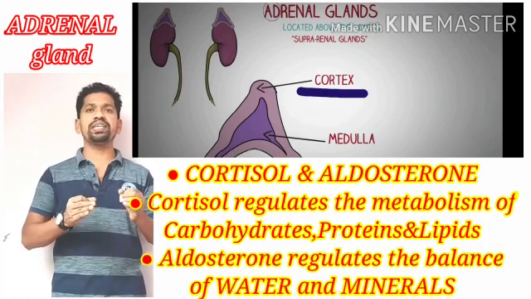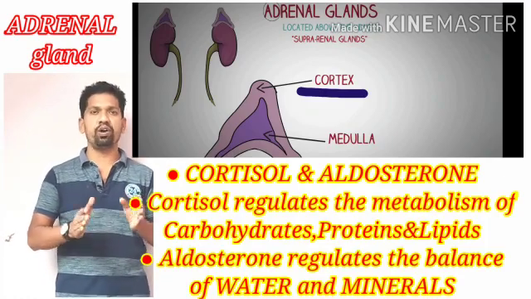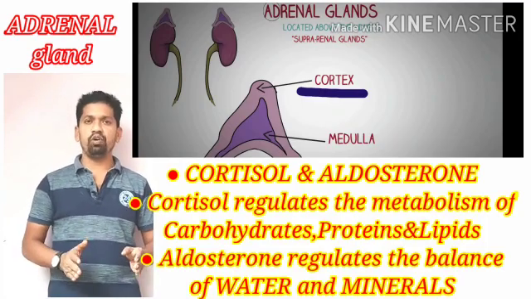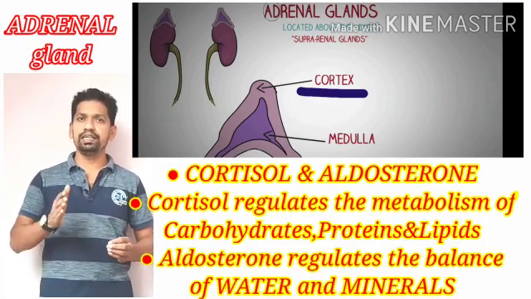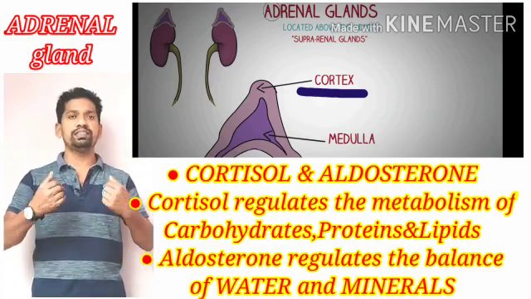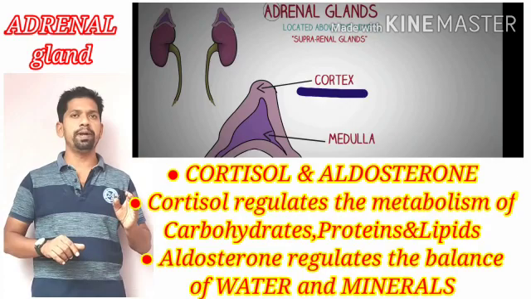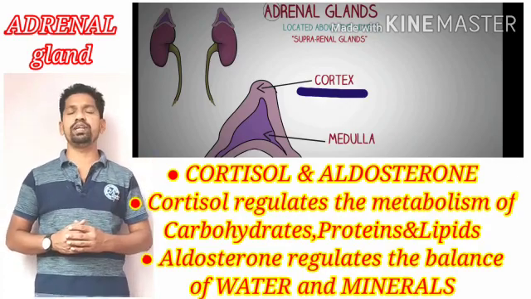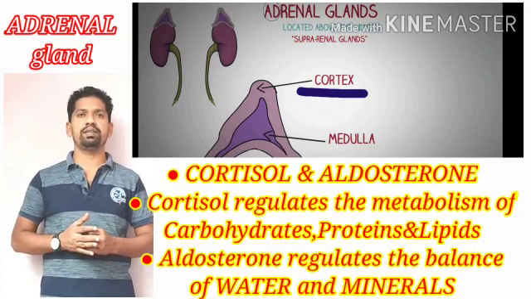Cortisol is very important to maintain the metabolism of carbohydrates, proteins and lipids in our body. So carbohydrate, protein and lipid metabolism is maintained by an important hormone known as cortisol produced by the medulla of the adrenal gland. The second hormone is aldosterone.